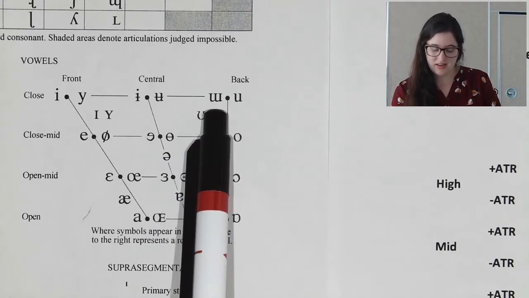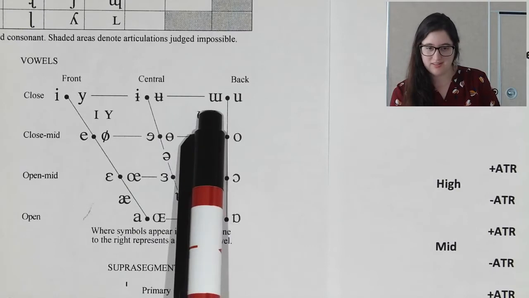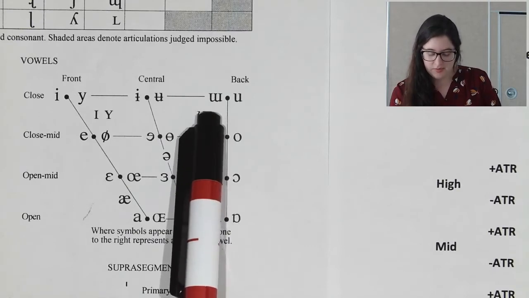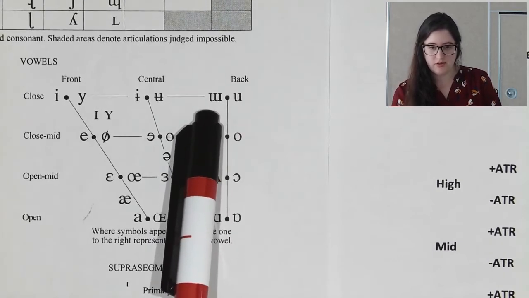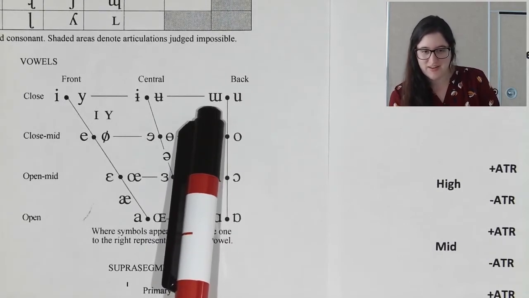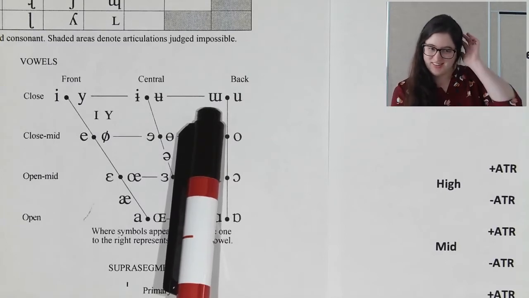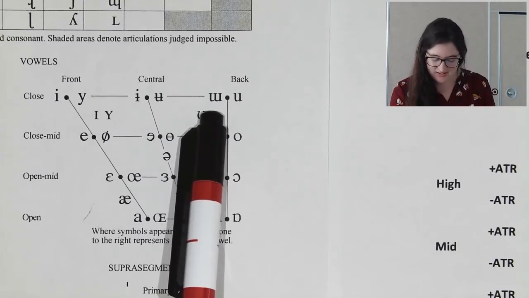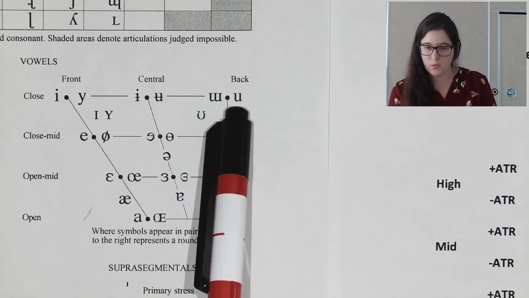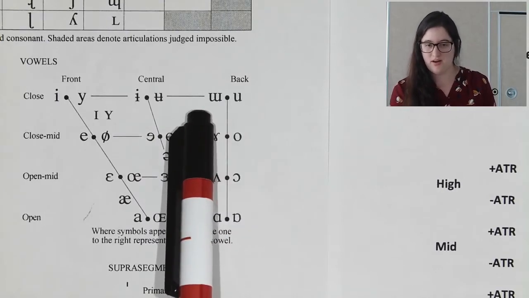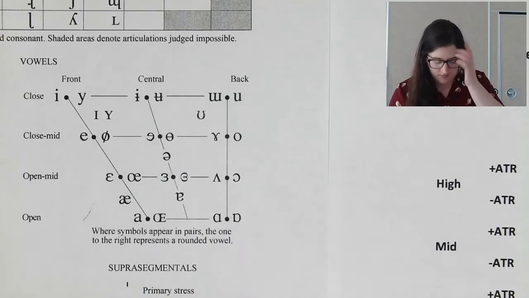So this is the symbol we use for that vowel. This shows up in Mandarin, for example. Some of you have tried to sing this vowel before in previous songs. And again, your tongue is in the exact same place as it would be for an U, but your lips are not rounded, and that's the symbol that we use.